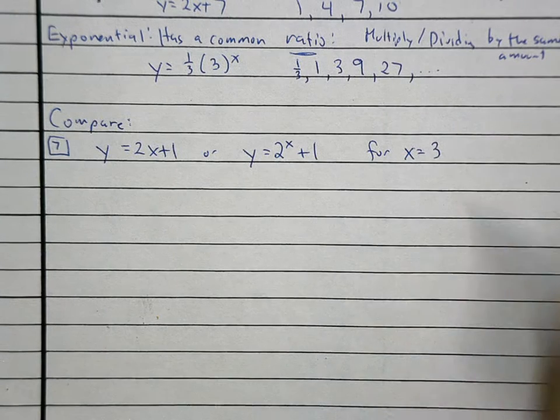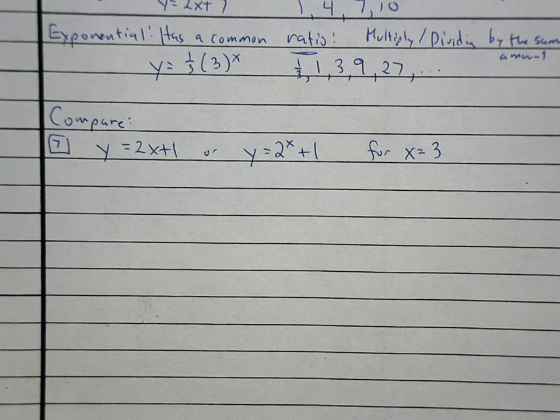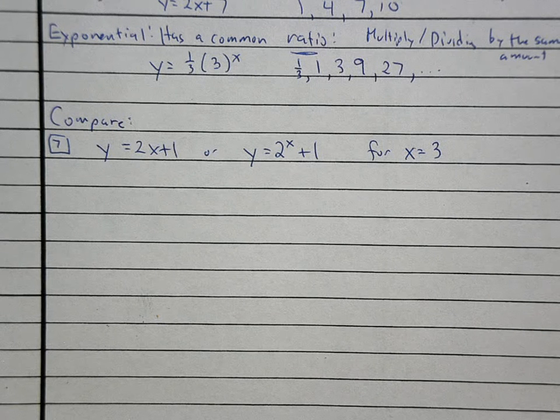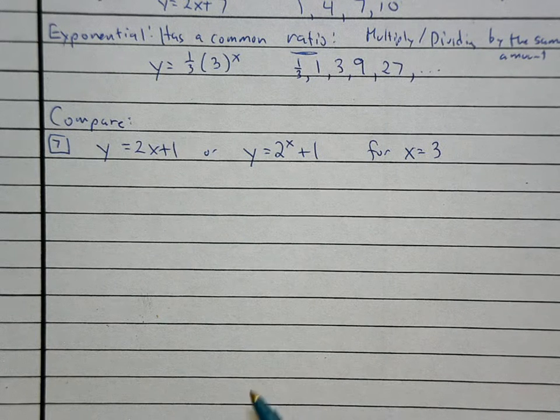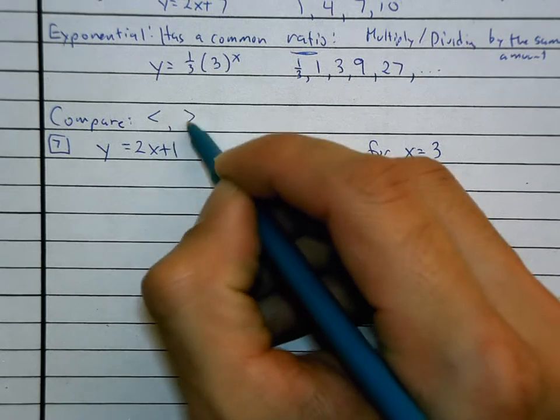They have to say for what value, because we don't know where we're comparing. This is where we're going to compare. Y equals 2x plus 1, or y equals 2 to the x plus 1 for the value of x equals 3. So, which one's bigger? That's what we want to check out. I want to know, is it this, or is it this?